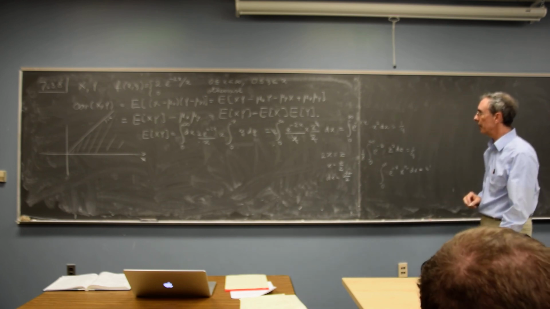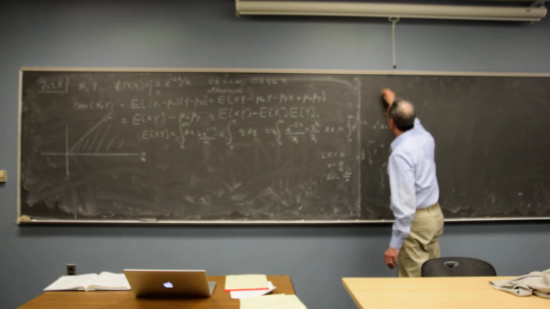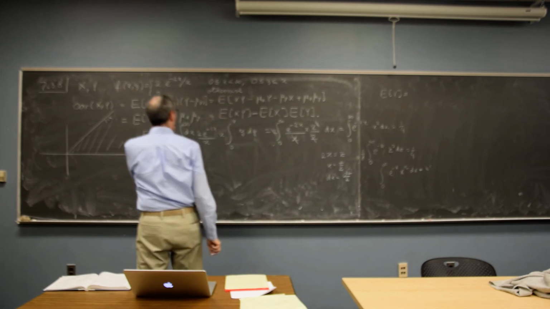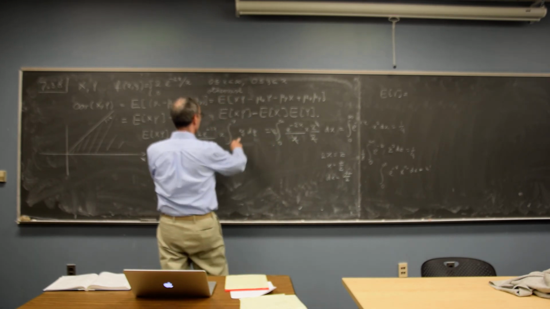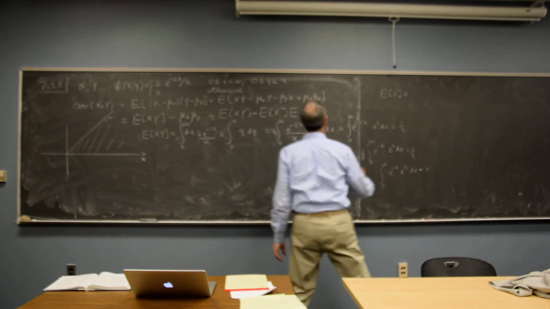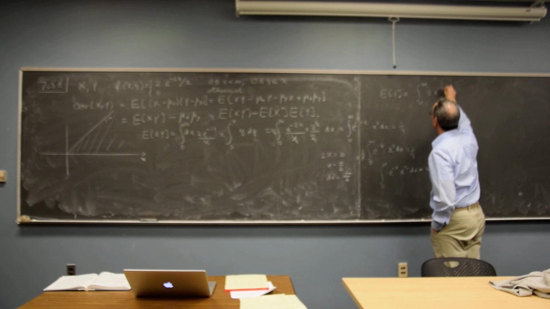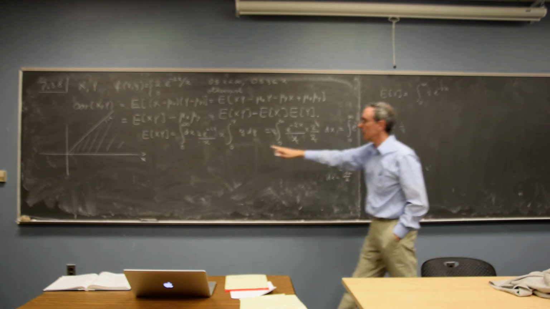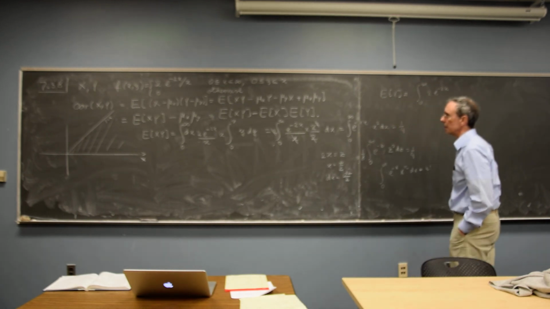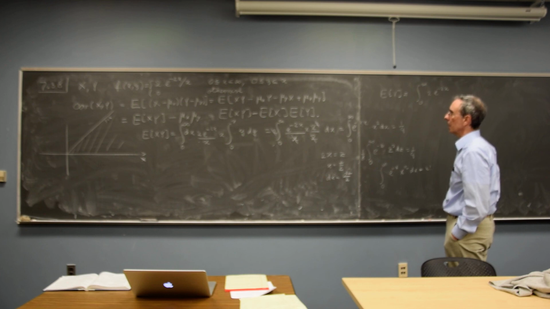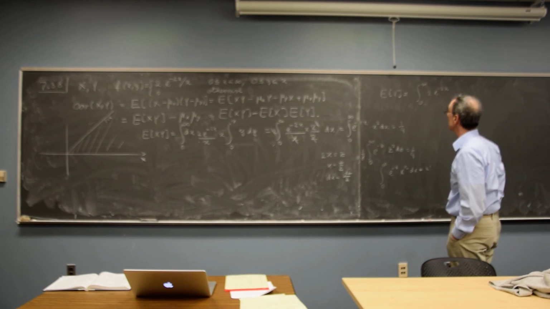So now we have to compute E of x and E of y. E of x is equal to, the integral is almost the same, there is no y here. So E of x is the integral from 0 to infinity of 2 e to the minus 2x, the x disappears, and then there is the integral from 0 to x of y, which is x squared over 2. No?